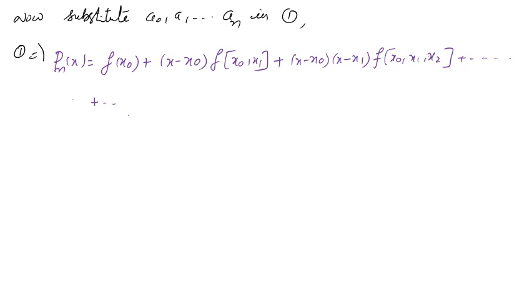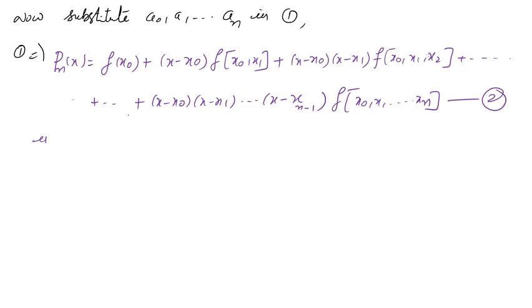And lastly, the last term is the nth divided difference times (x minus x0)(x minus x1) and so on (x minus x(n minus 1)), where an is the nth divided difference, x0, x1 up to xn. This is equation 2, called Newton's divided difference interpolating polynomial.